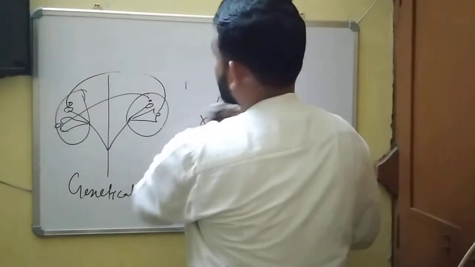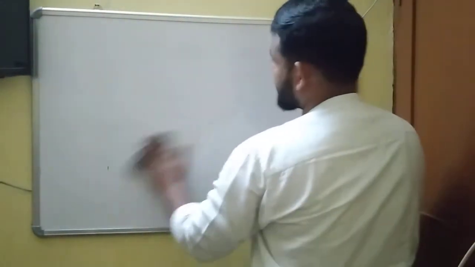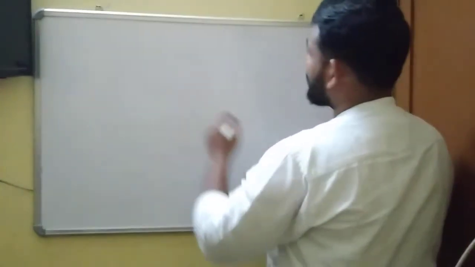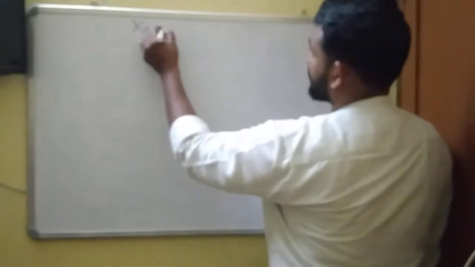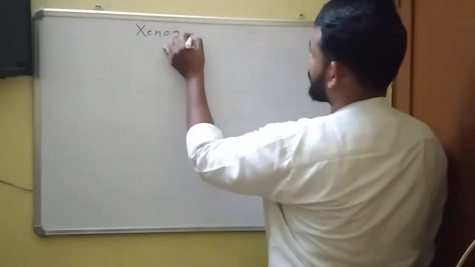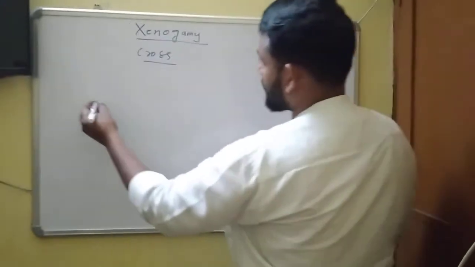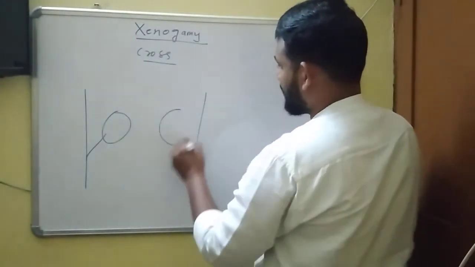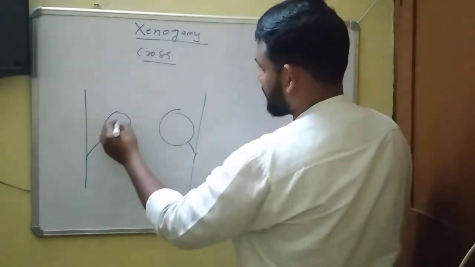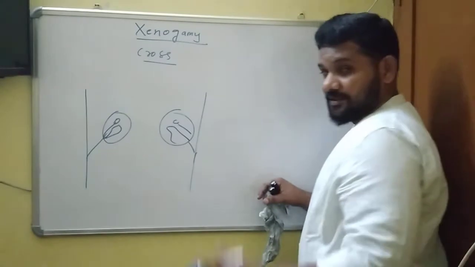The third and last type of pollination is xenogamy, also called cross pollination. So what is cross pollination? For example, this is one plant and this is another plant, and both have flowers with male and female reproductive organs.